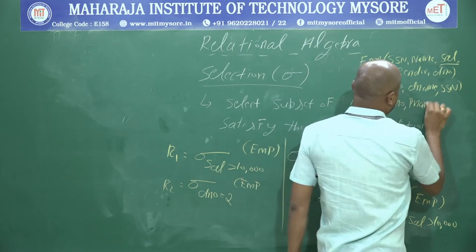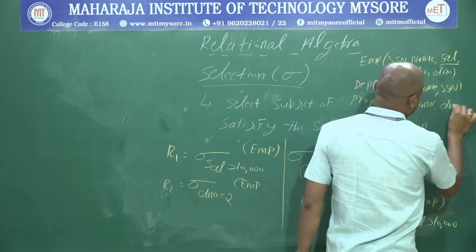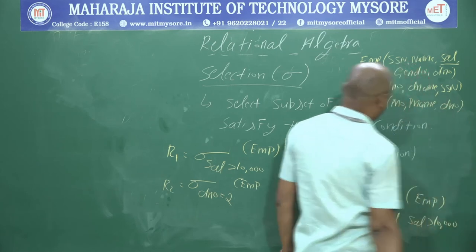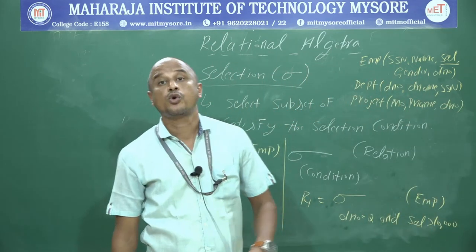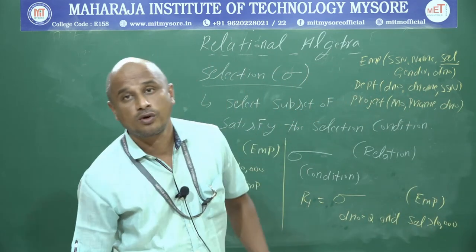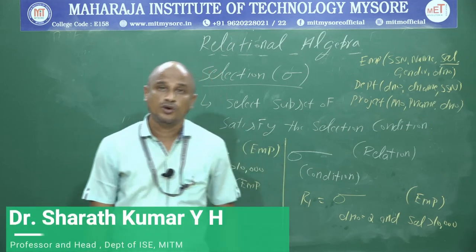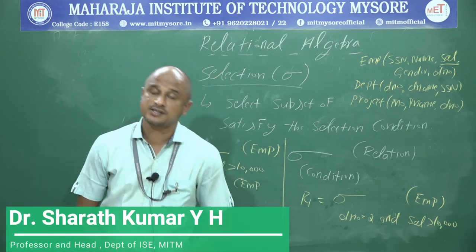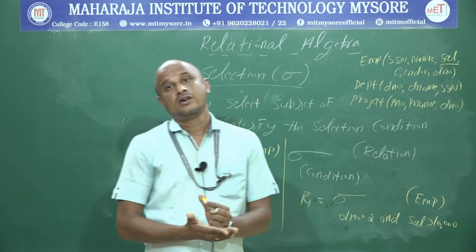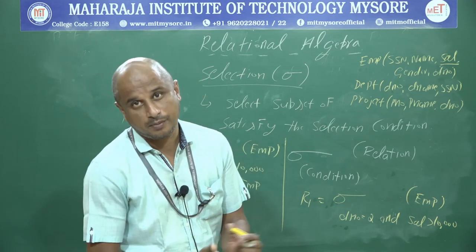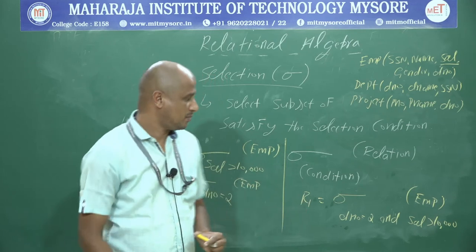Find the project details controlled by department number 2. You want to get the project tuples controlled by department number 2.